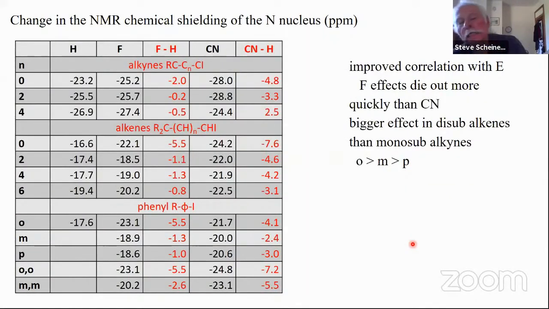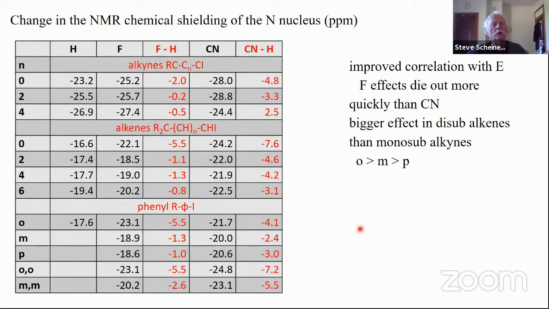On the other hand, the N, this is the N of the ammonia that we're talking about. So it's on the other molecule. And the shift that takes place on that nitrogen is downfield. So you can see all these shifts are negative.